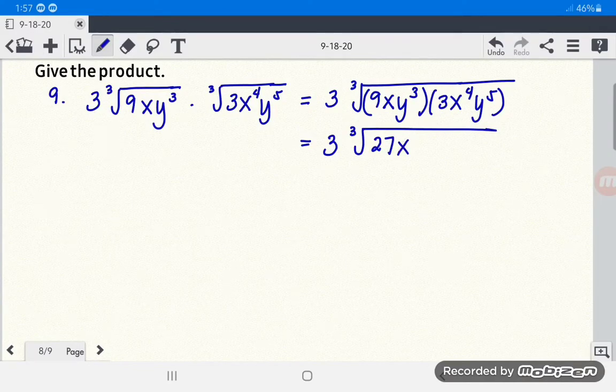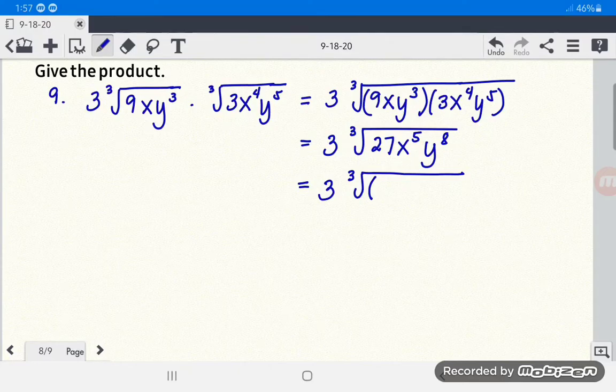Then x, we add 1 plus 4. So we have 5. Then y, 3 plus 5. So we have 8. Okay. Then copy 3. Cube root of, again factor 27. X raised to the 5th power, y raised to the 8th power.